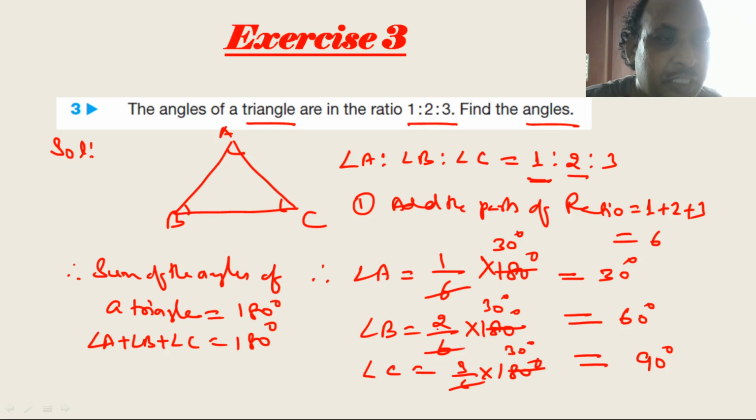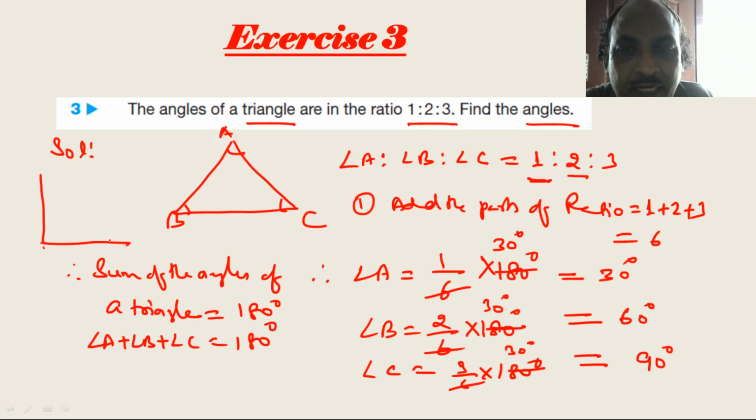So actually the shape of the triangle will be, because angle C has become 90, it will be looking like this right angle triangle, where this angle C will be 90 degree.